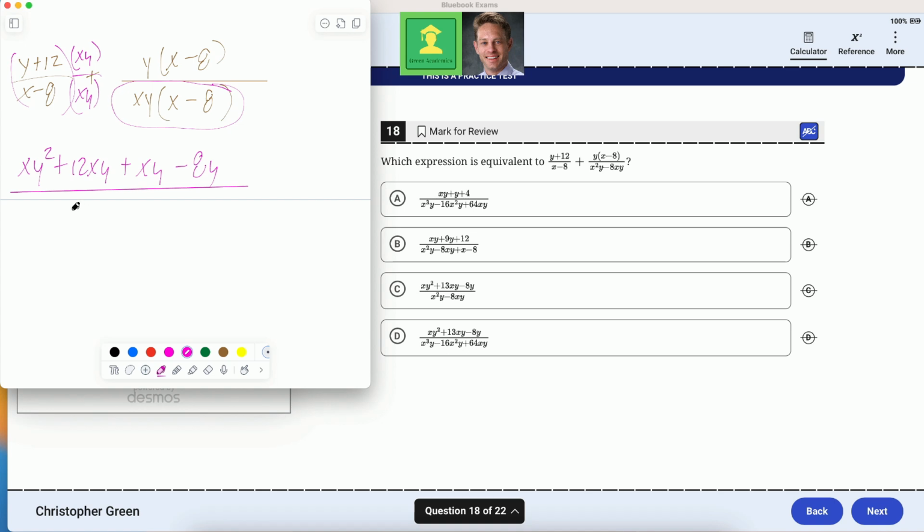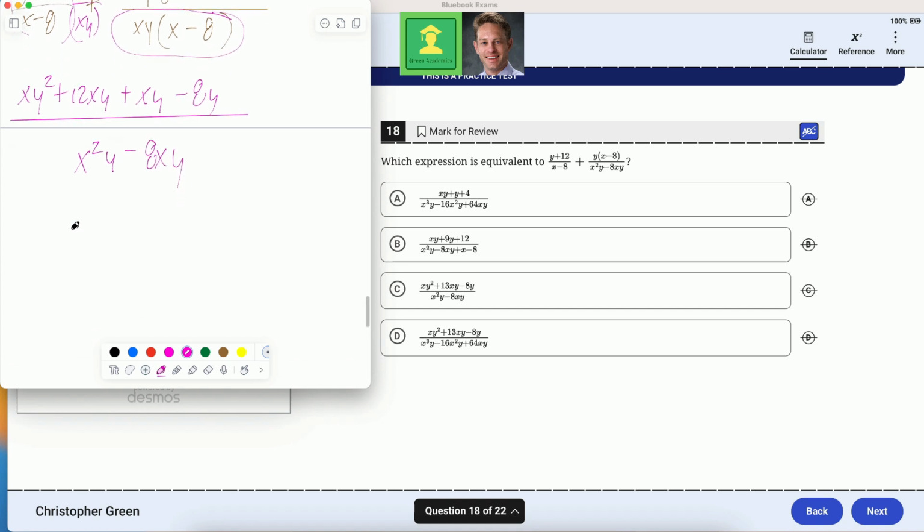I'm going to write it as, well, since it's this, sure, that simply becomes x squared y minus 8xy. And then if you clean up the top by combining like terms, sure, those two middle terms combine. xy squared plus 13xy minus 8y over x squared y minus 8xy.